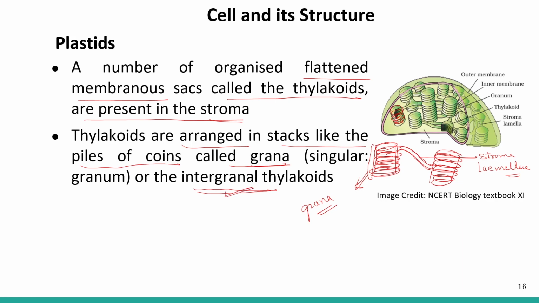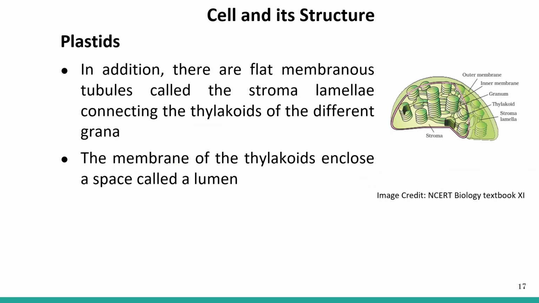These are the grana structures. They are very important for the process of photosynthesis. In addition, there are flat membranous tubules called the stroma lamellae connecting the thylakoids of the different grana.